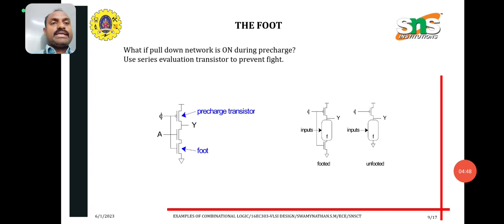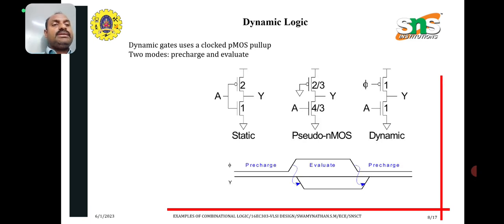Next, the dynamic logic overcomes this. The static, pseudo nMOS and dynamic logic are used for comparison. The dynamic logic uses a clocked CMOS pull up, and there are two modes, pre-charging and evaluation. Pre-charging is like charging, and evaluation is the discharging phase.